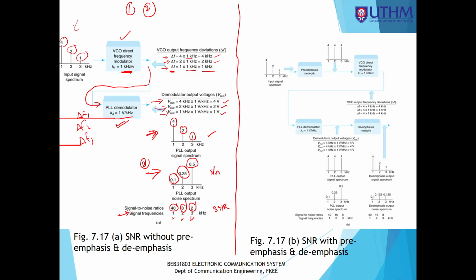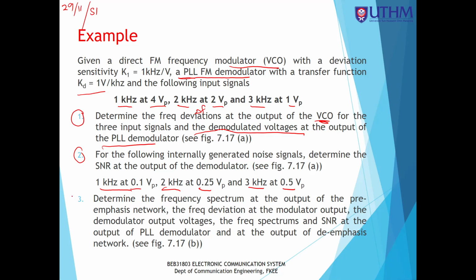The third question says to determine the frequency spectrum at the output of the pre-emphasis network, the frequency deviation at the output of the modulator, the demodulator output voltage, the frequency spectrums, and SNR at the output of the PLL demodulator and at the output of the de-emphasis network.